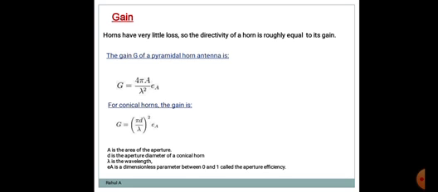So as far as the pyramidal horn antenna is concerned, the gain is given as G = 4πA/λ² × εA.